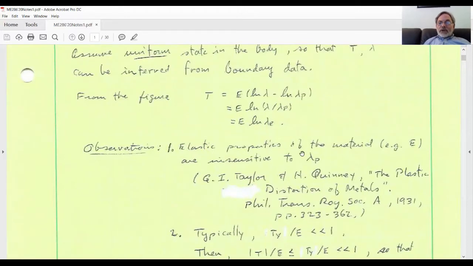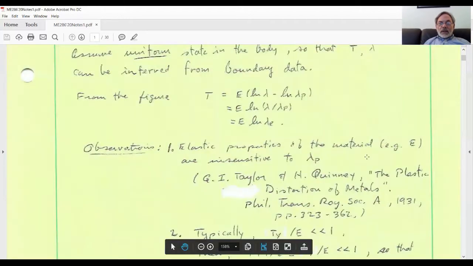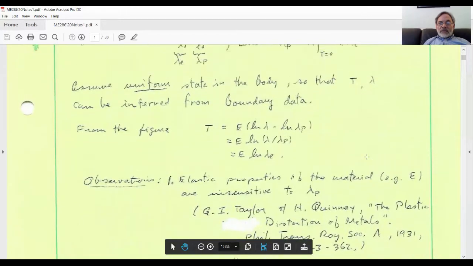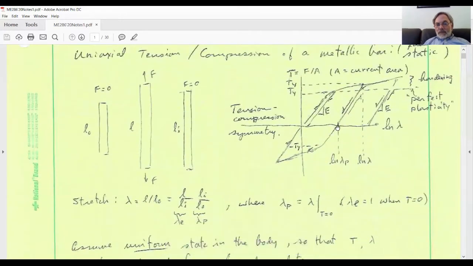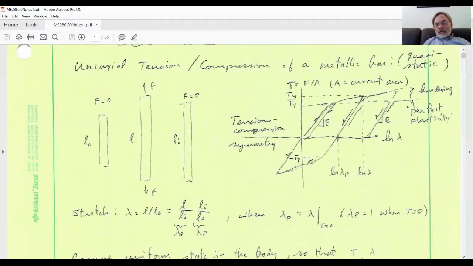The elastic properties of the material, in this case simply the Young's modulus, are quite insensitive to the value of lambda p. For example, here lambda p is 1, and here's the Young's modulus.